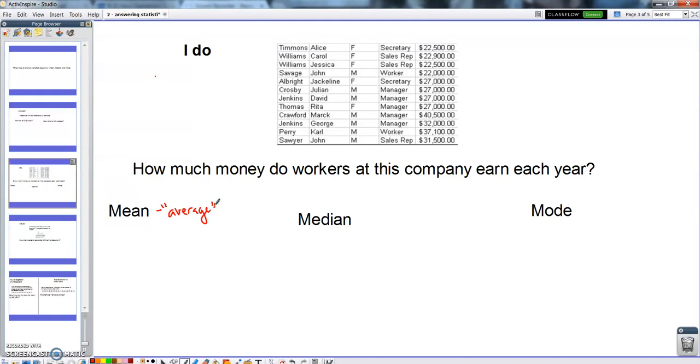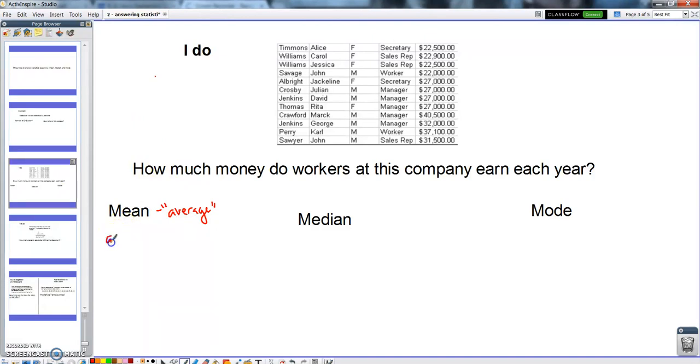So the way you calculate the mean, I've got this data set here. It's the amount of money that different people who work at this company make. My question for you is, how much money do workers at this company earn each year? That's a statistical question because there are lots of people and they make different amounts of money. One way to answer it is by finding the average amount of money that everybody makes.